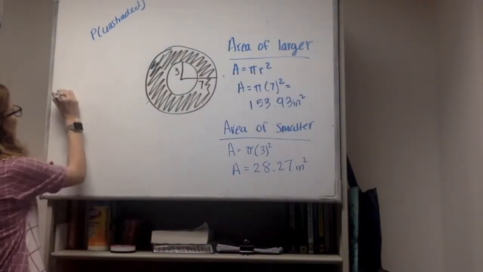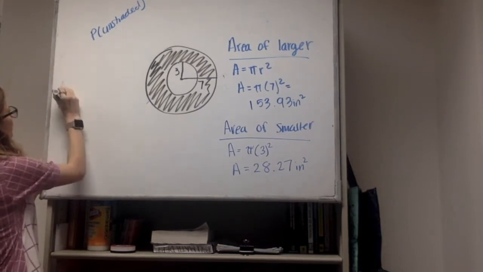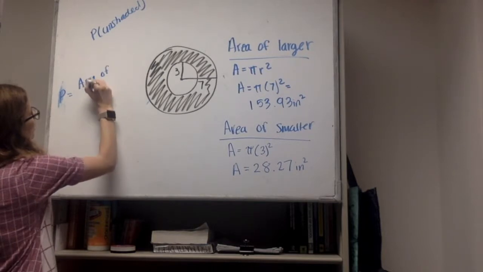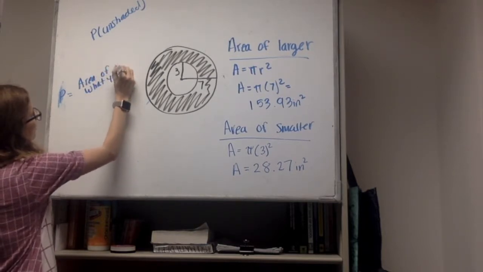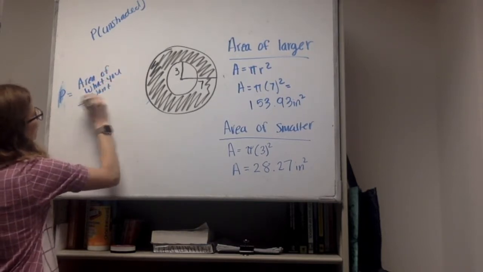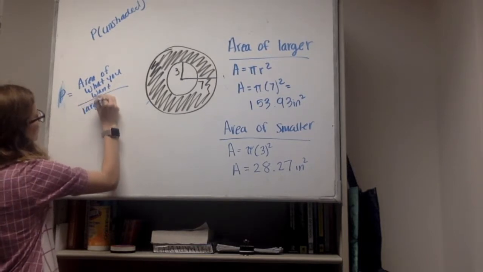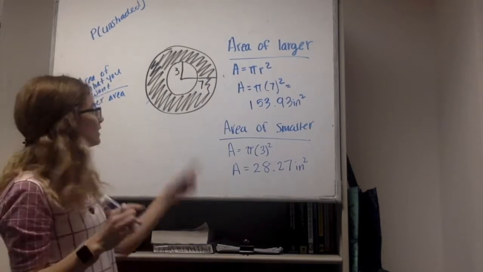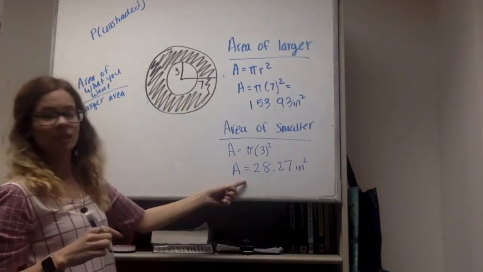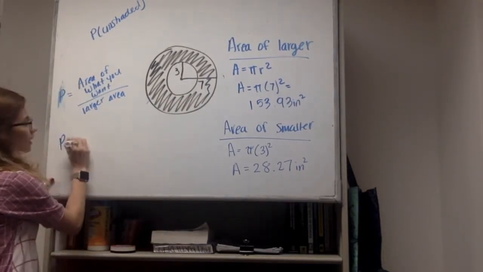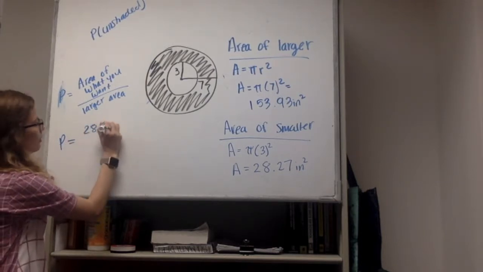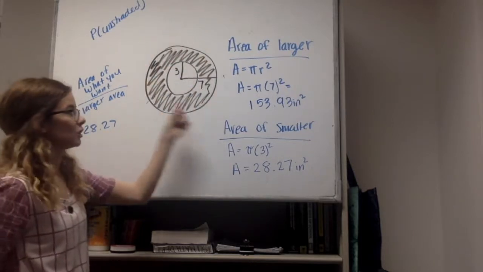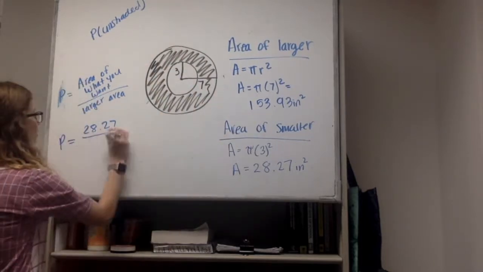So remember, how to find it is that the probability equals the area of what you want over the larger area. So the area of what we want to land on, the inside of the circle, was the area of the smaller one. So the probability equals the area of the smaller over the larger area, which is the big circle, which is 153.93.